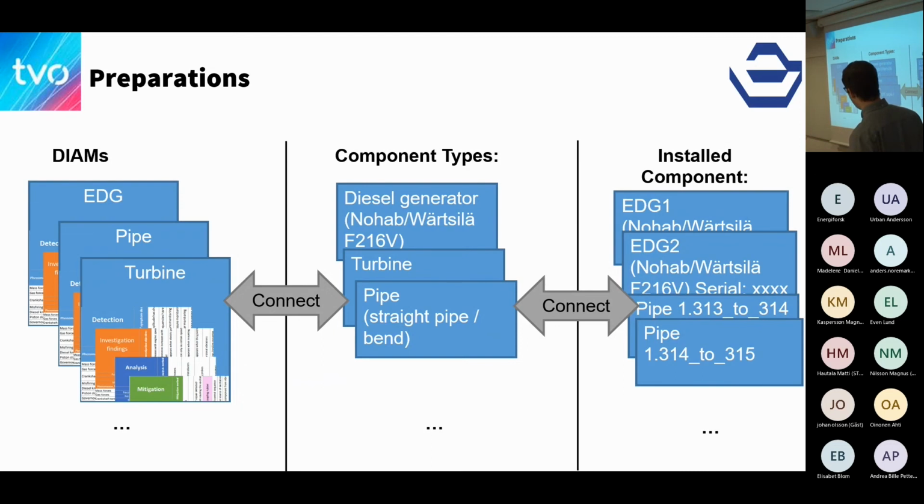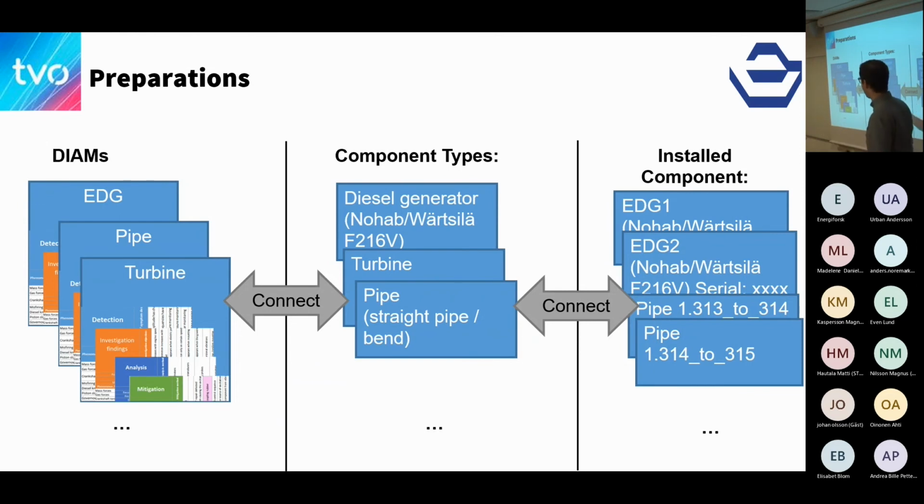First of all, we need information about DIAMs, which we already have. That would be the diesel generator DIAM, pipe DIAM, and turbine DIAM. Essentially, all these configurations are lists of different anomalies.